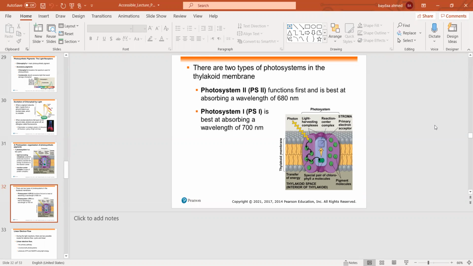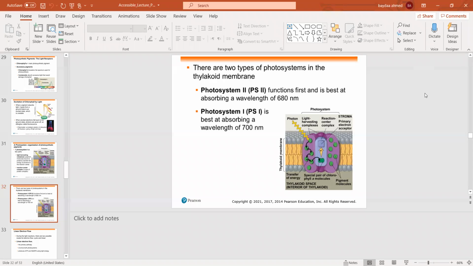Photosystem 2 functions first in the light reactions. The reaction center chlorophyll A of photosystem 2 is known as P680 because this pigment is best at absorbing light having a wavelength of 680 nanometers in the red part of the spectrum.